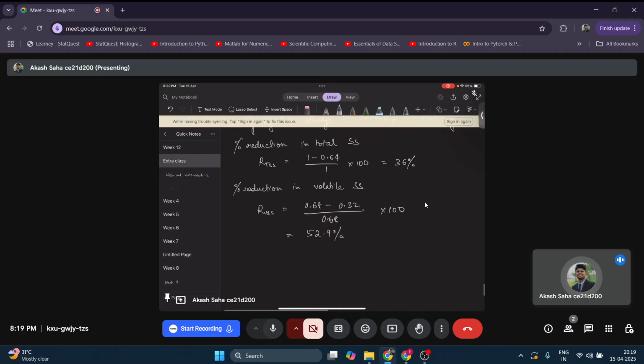Okay, so one more method, a direct method, is there, which is known as Van Kleek's method. So from here we can directly find out.